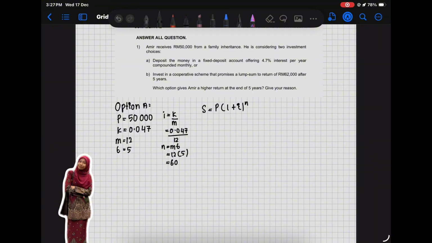From this question, we know that our P is 50,000, K is 0.047, M is 12, and T is the period which is 5. And we also know the value I equals K over M, 0.047 over 12, and value N equals MT, 12 multiplied by 5 equals 60.